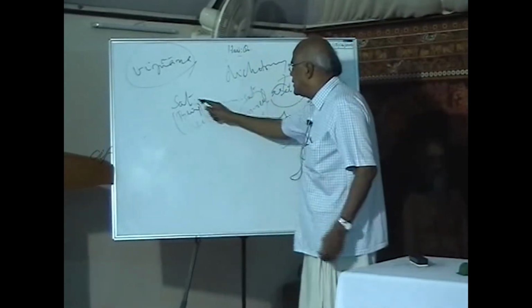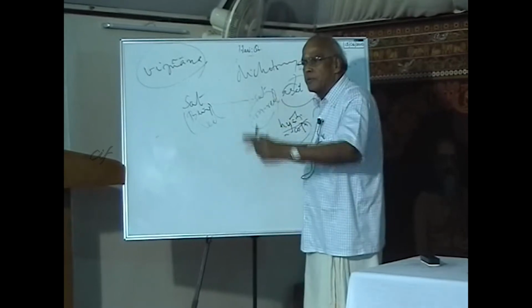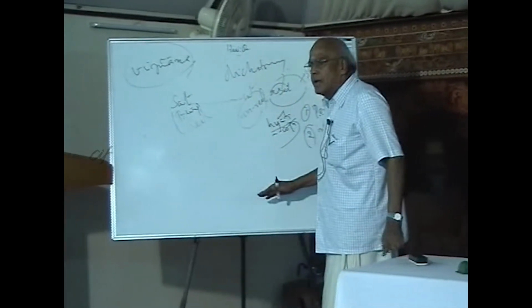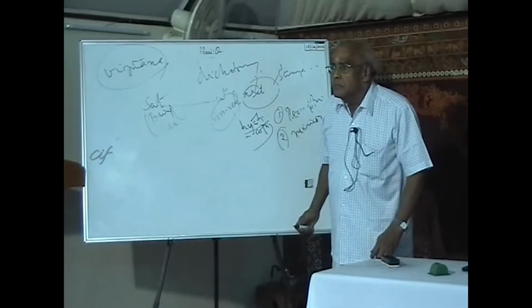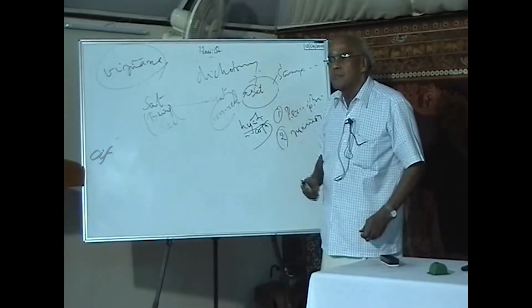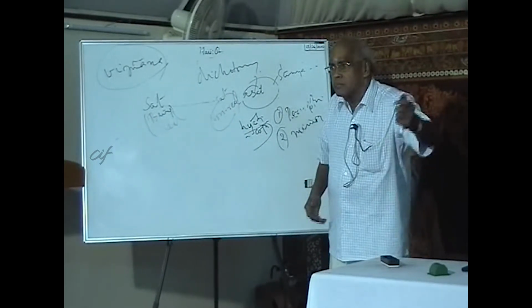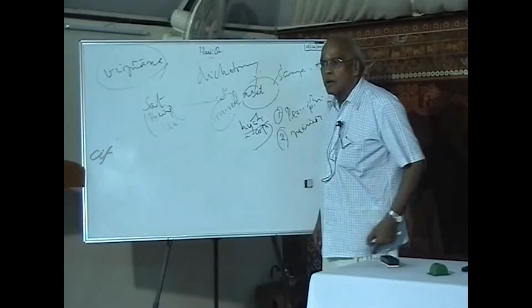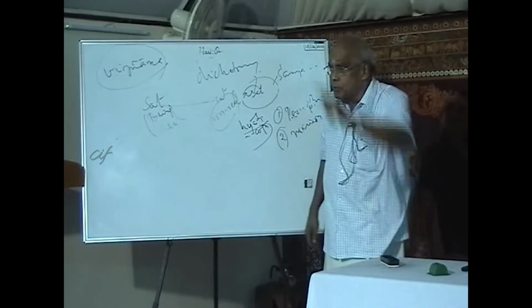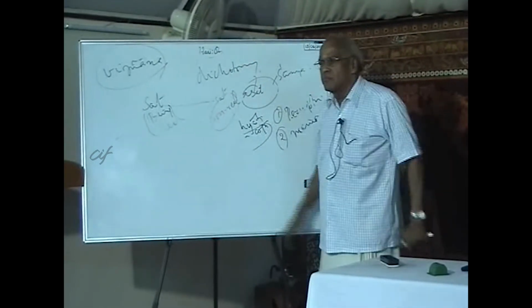So, in addition to these two categories, two extremes, here is Brahman, here is something which is totally non-existent. Example, sky flower, hare's horn, and so on, totally non-existent.